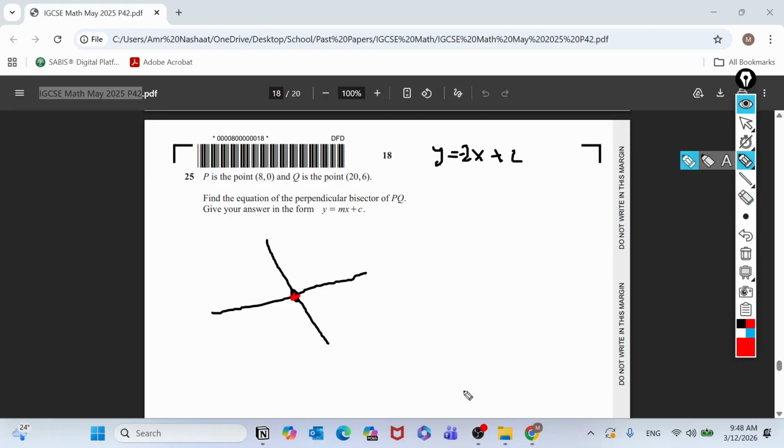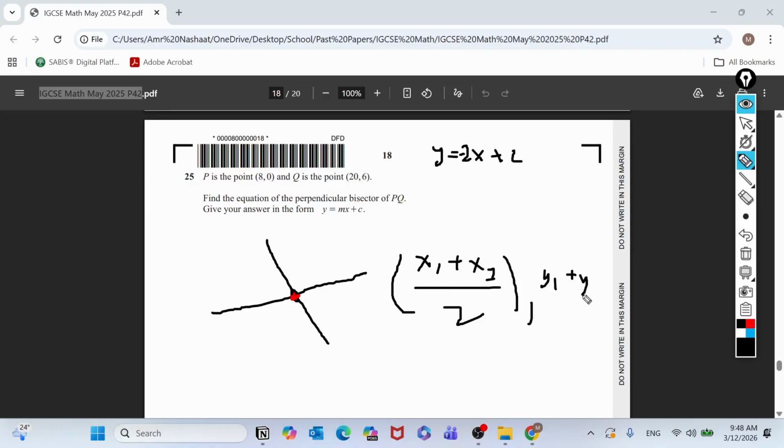Now, what's the midpoint? It's going to be x1 plus x2 over 2, and then y1 plus y2 over 2.